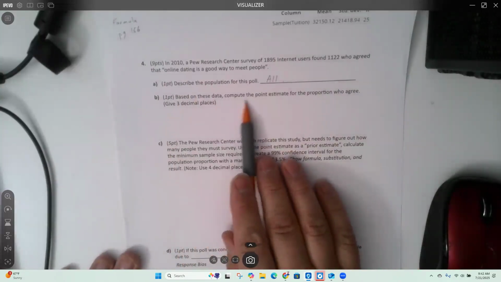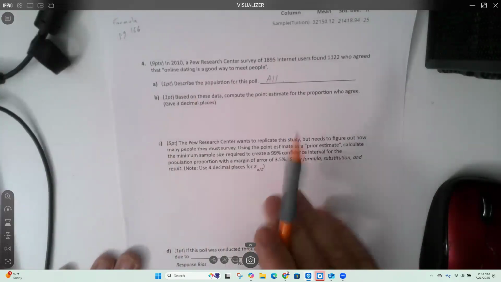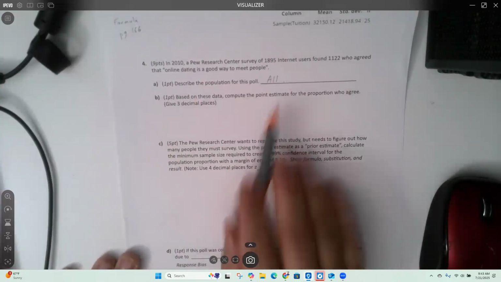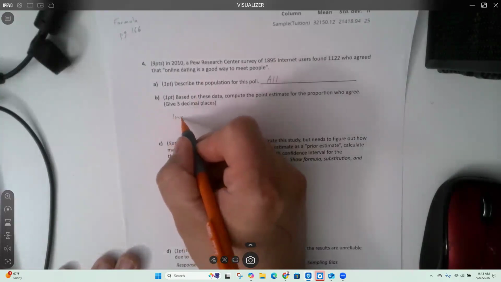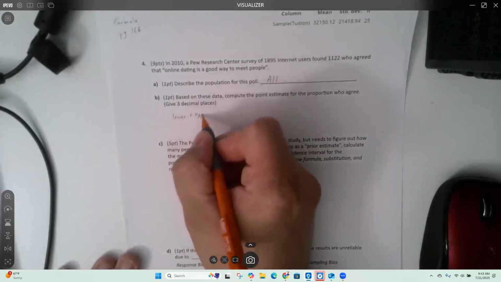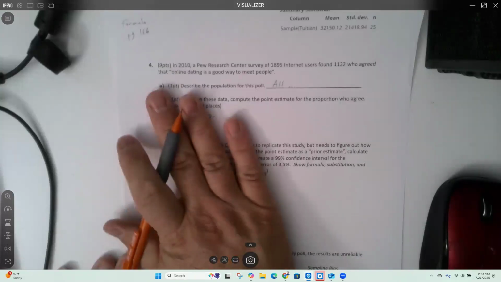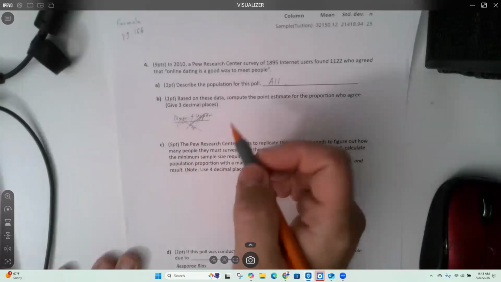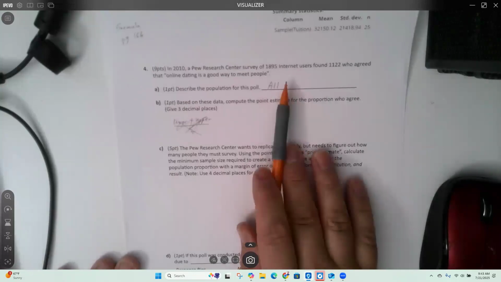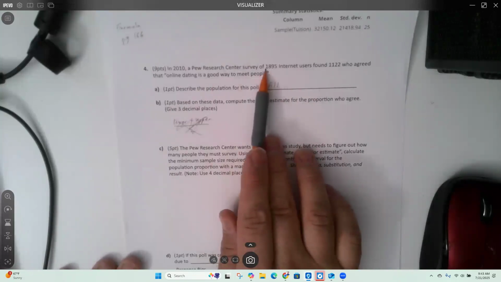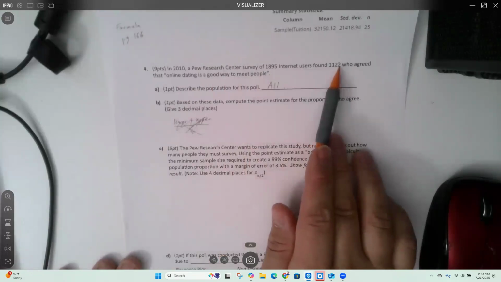Based on these data, compute the point estimate for the proportion who agree. Okay, the point estimate for a confidence interval was if you have your lower plus your upper divided by 2. That's not what we're doing here, so we don't need this, because we don't have a confidence interval. We just have the n, which is the sample size, and the x, which is the number of successes.